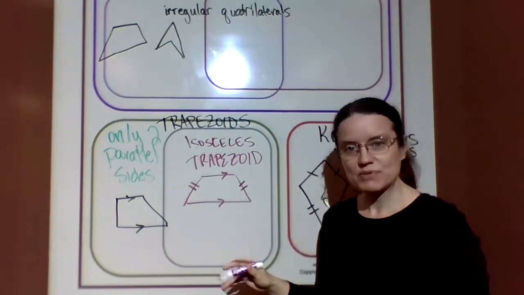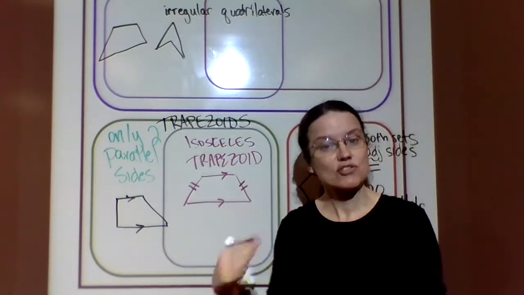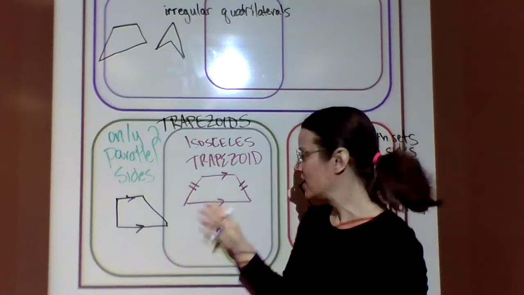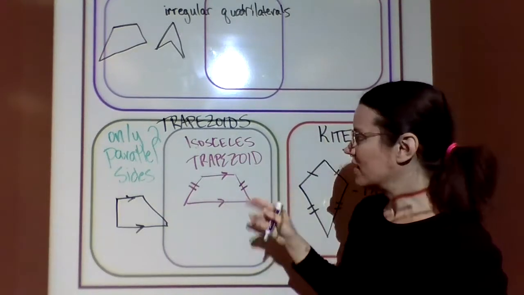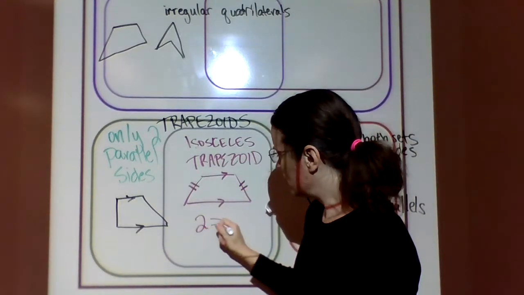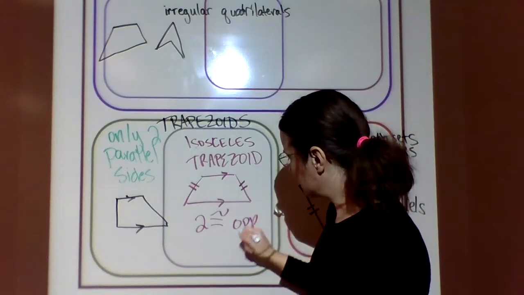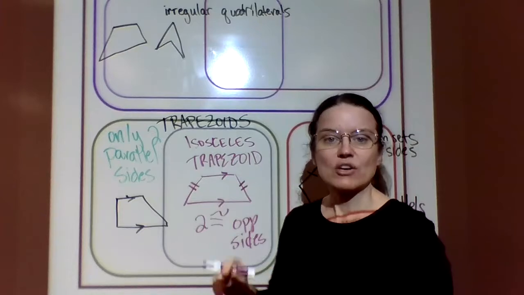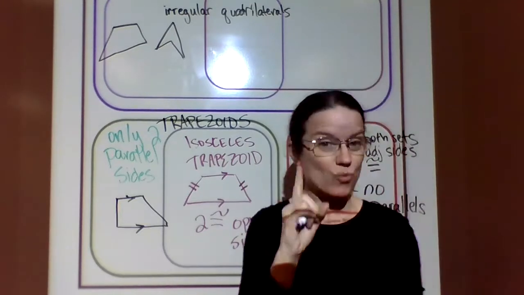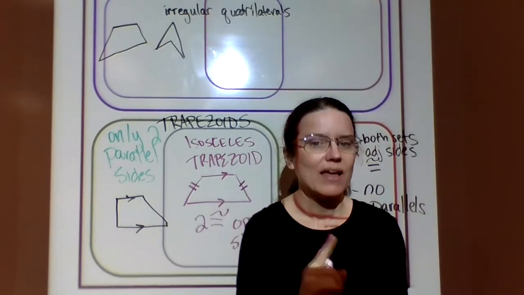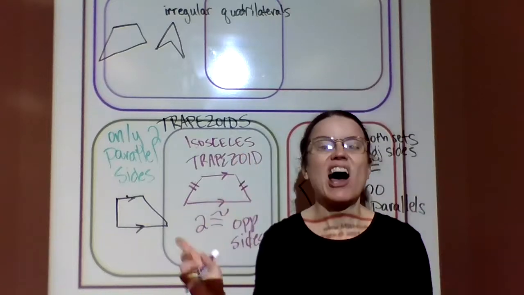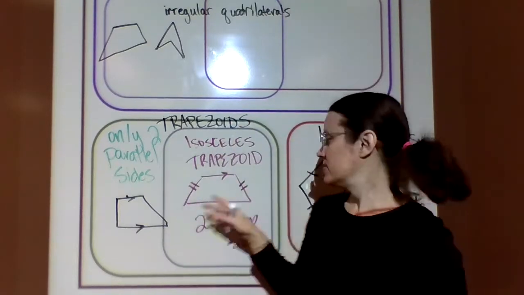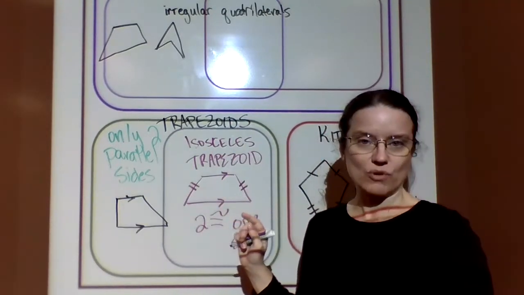An isosceles trapezoid almost looks like an isosceles triangle did, but with the top chopped off. All it means is that there are two congruent opposite sides. So it's a trapezoid, meaning it has one set of sides parallel, and since it's isosceles, it also has two sides that are congruent.